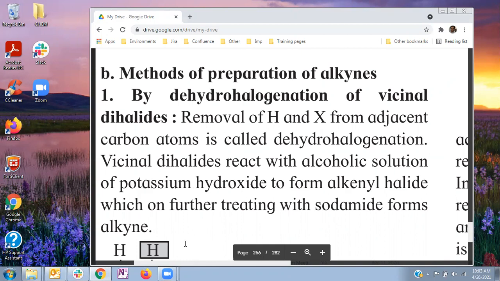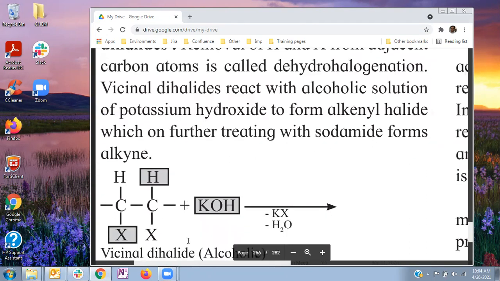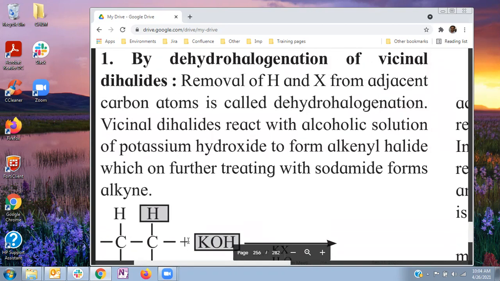So removal of hydrogen and halogen atom is called dehydrohalogenation. A vicinal dihalide is a dihalide containing two halogen atoms present on adjacent carbon atoms. Here the removal of hydrogen and halogen takes place from adjacent carbon atoms.